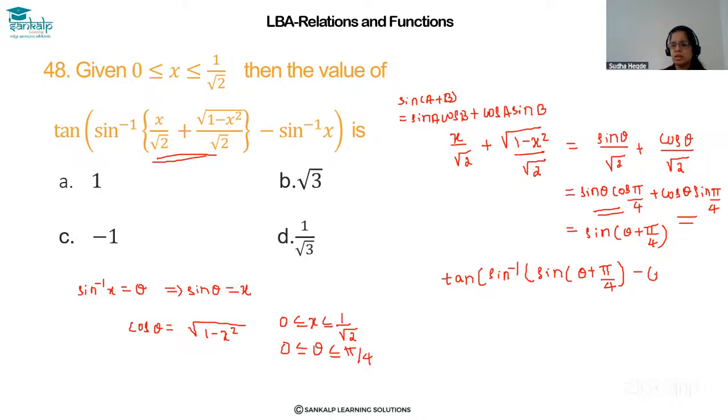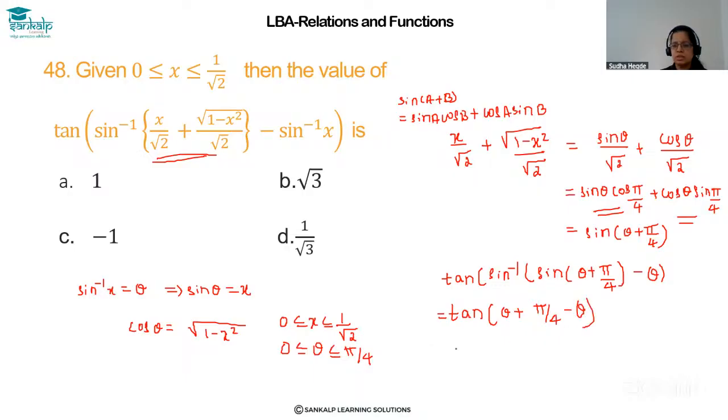It is theta. Okay. Therefore, tan of this is equal to tan of, sine inverse sine cancels inside, you will get theta plus pi by 4 minus theta.